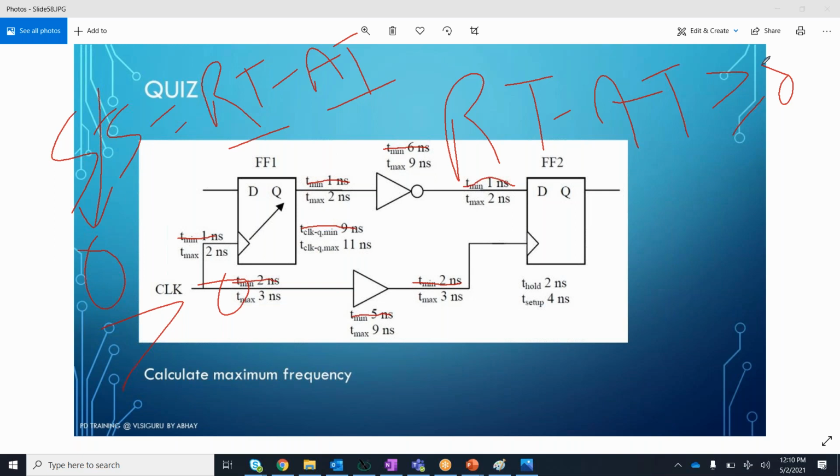Yes or no? Now, what are the components we have in the required time? T capture plus time period minus T setup, minus arrival time should be greater than 0.